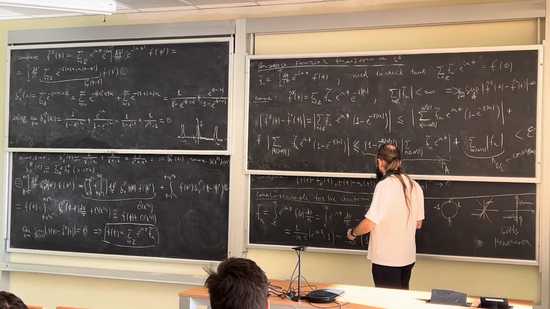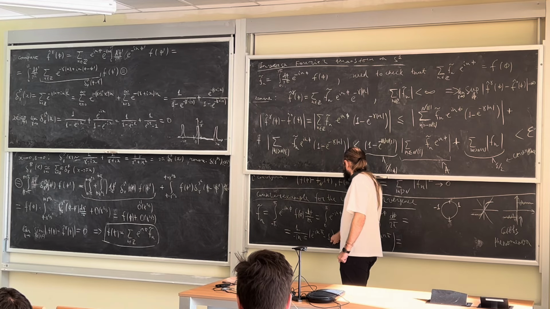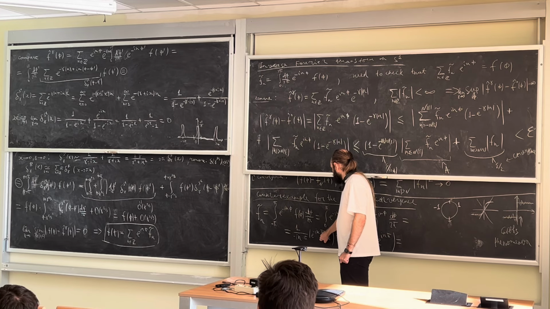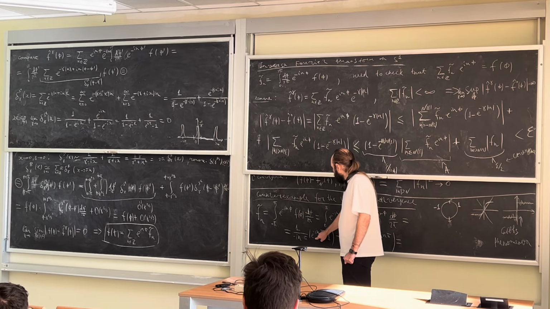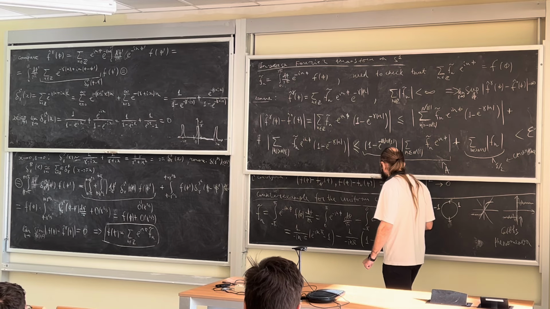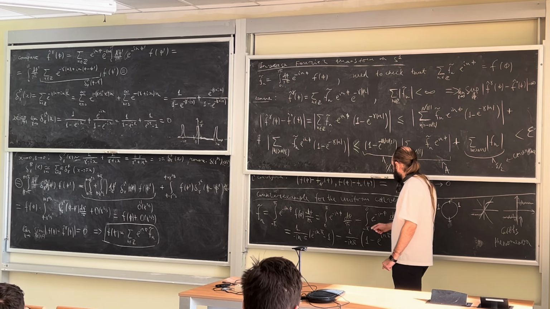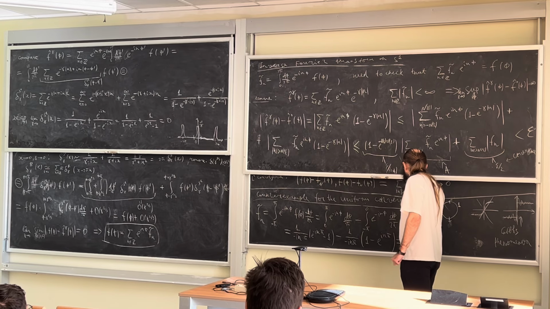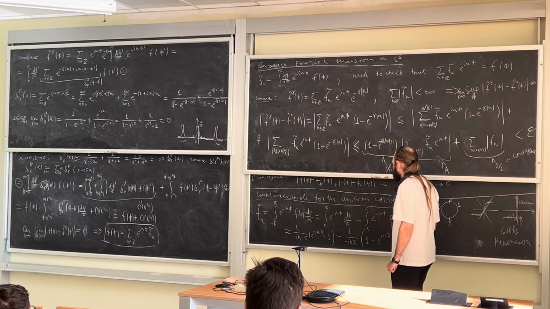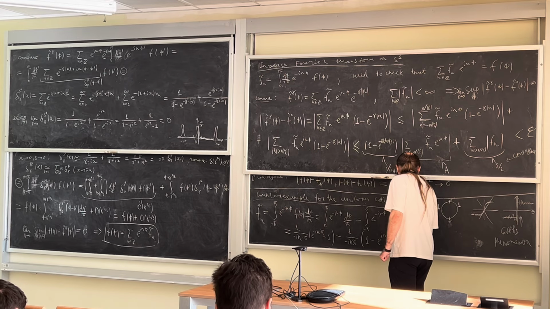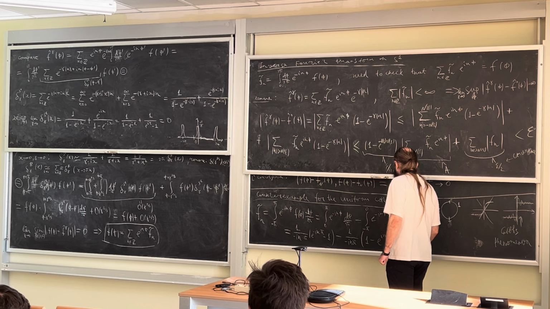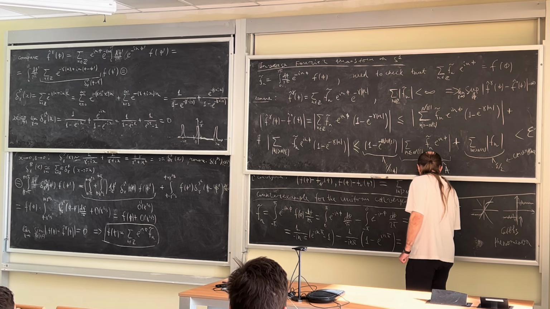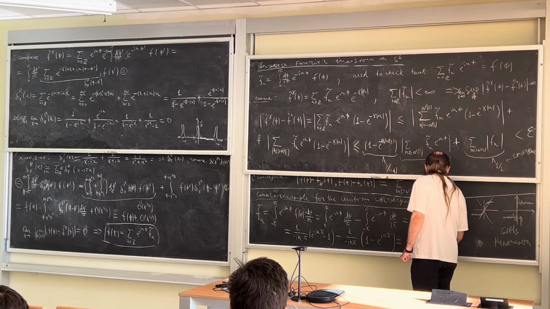There are minus 1s that don't cancel, and there are minus 1 to the n terms that also don't cancel. So these terms are equal, and all this can be written as 1 over i n pi times 1 minus minus 1 to the n.